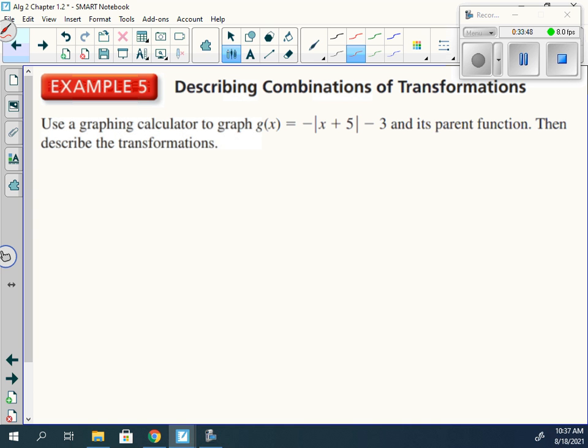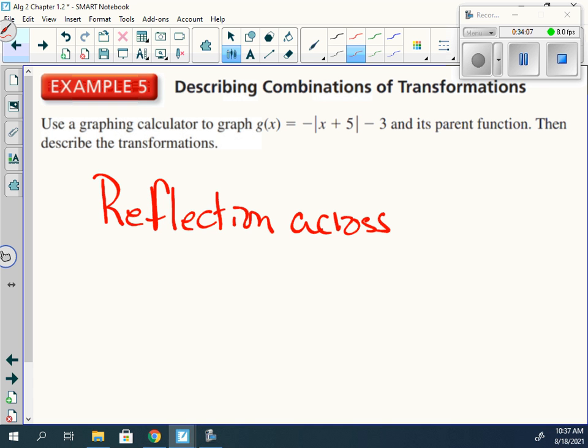So we know that this is an absolute value function. It has absolute value bars, yes? So the first thing I notice is the negative out front, yes? So that tells me it's a reflection across the x axis.